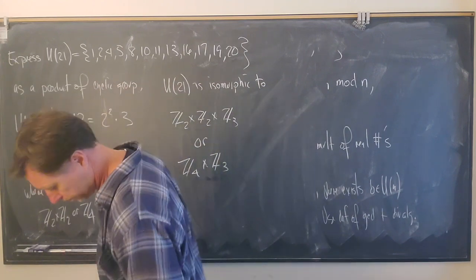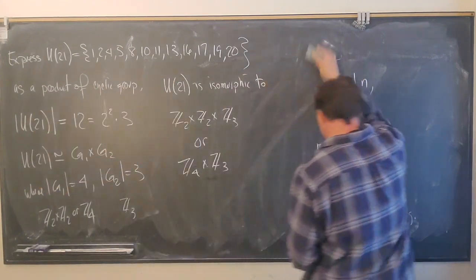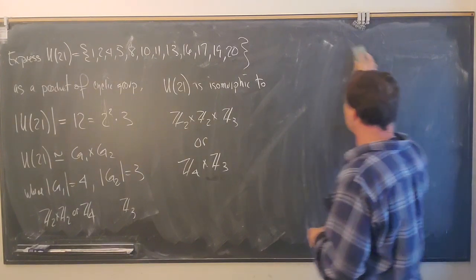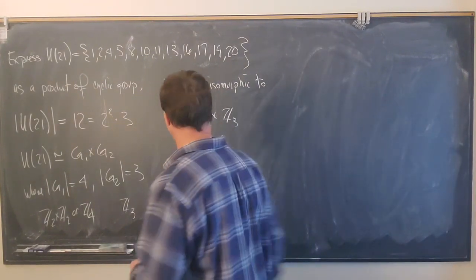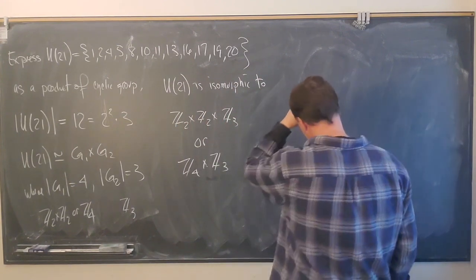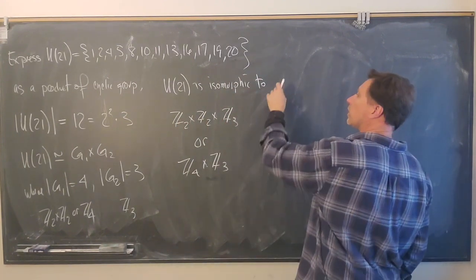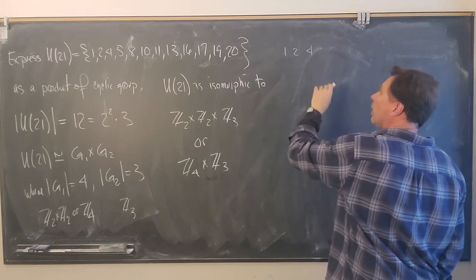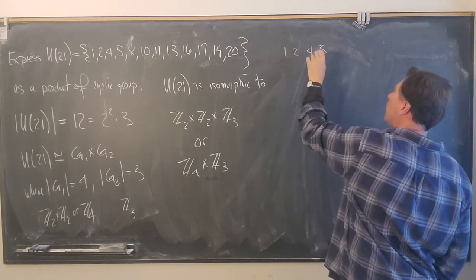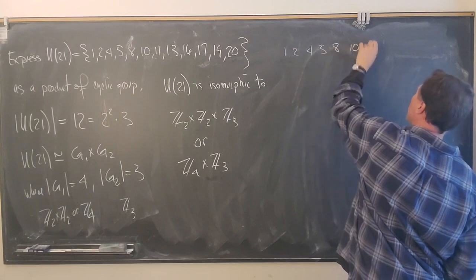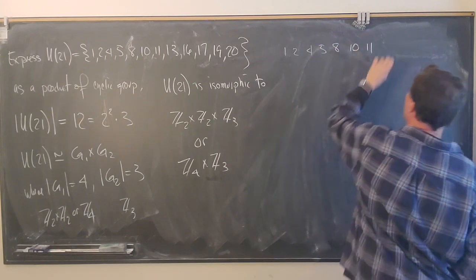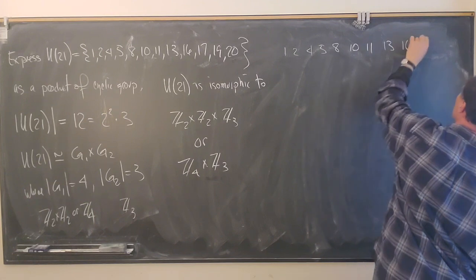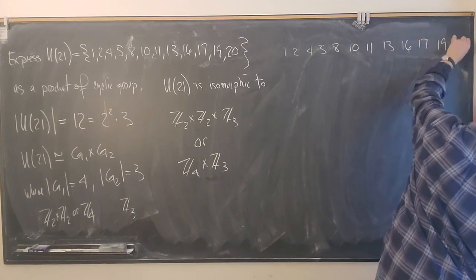I'm just going to do the same thing and make a table. I computed the orders of the elements already, so I'll just write those down. Here we go: 1, 2, 4, 5, 8, 10, 11, 13, 16, 17, 19, and 20.